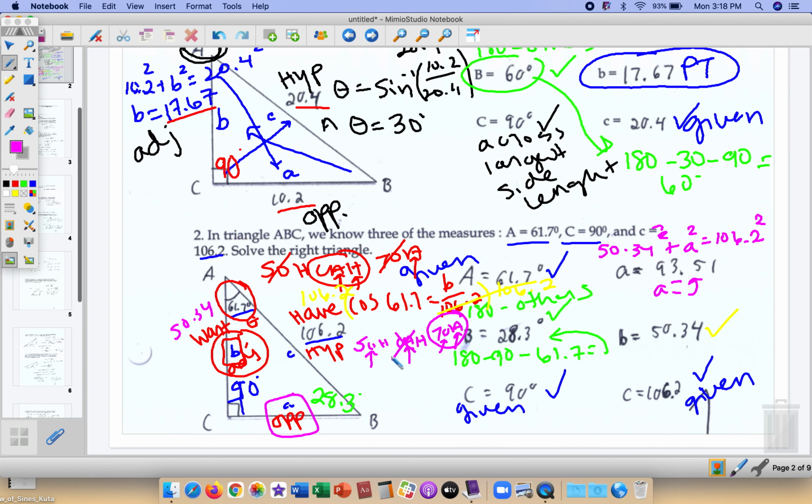But we could also go with sine because we know the hypotenuse. So you could say tan of the angle that you're working with is its opposite over its adjacent, 50.34, and multiply both sides by 50.34, and you would get the value of A, and you would still get 93.51. So two different ways of doing it. Once you have two sides, a lot of people like working with the Pythagorean theorem.